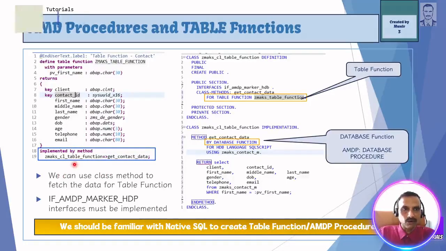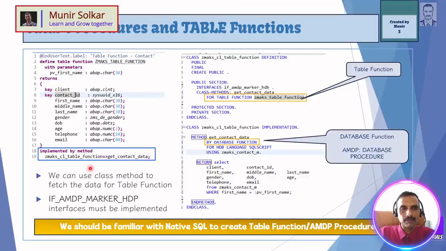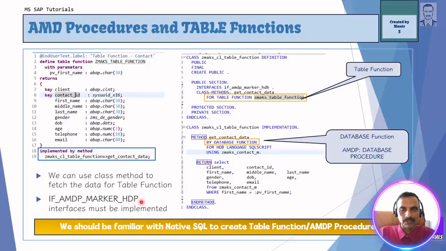Now, in order to implement the table function or AMDP, the AMDP marker interface for HDB, not P, must be implemented. As you can see, when this interface is implemented, we should create a class method for the table function, and that method should be called where we use BY DATABASE FUNCTION.